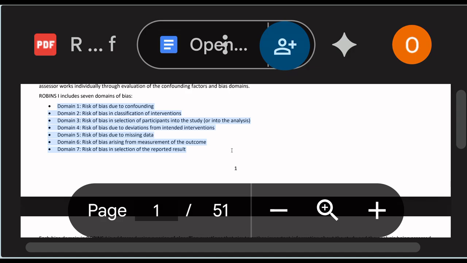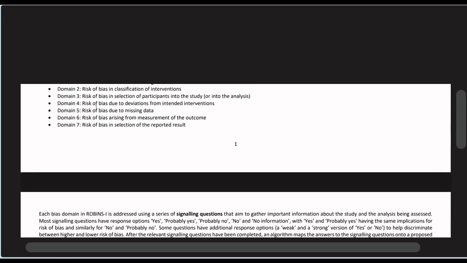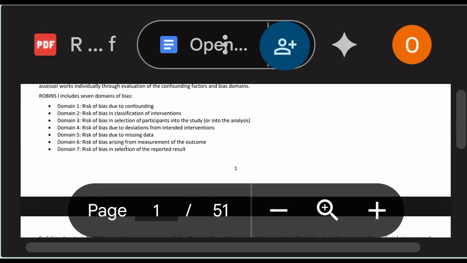Then risk of bias due to deviation from intended interventions, risk of bias due to missing data, risk of bias arising from measurement of the outcome, risk of bias in selection of the reported results. So these are the 7 domains where questions will be asked on each of the articles that you finally included. It is then you can say, okay, this article is worth including.